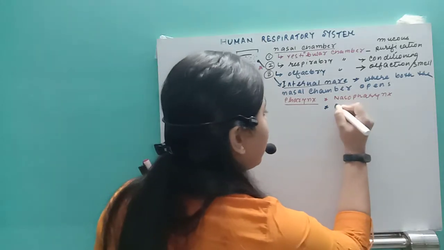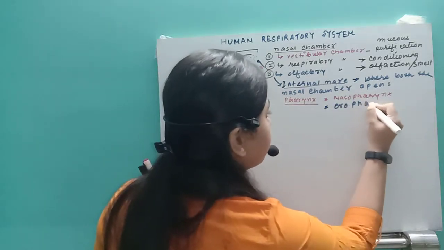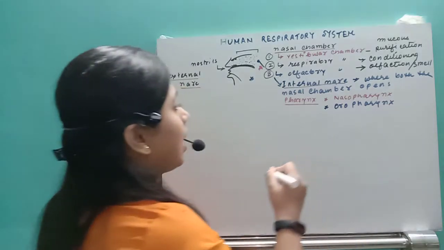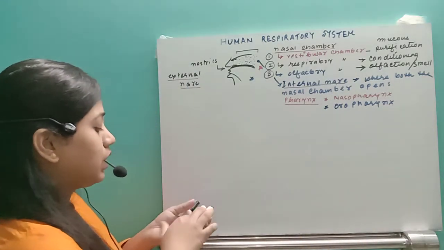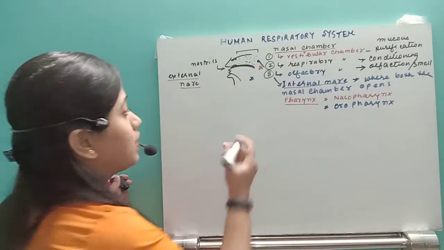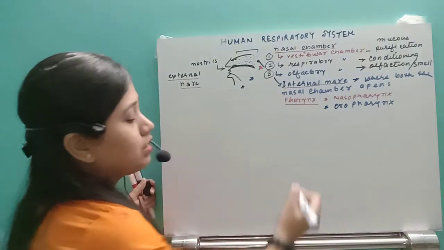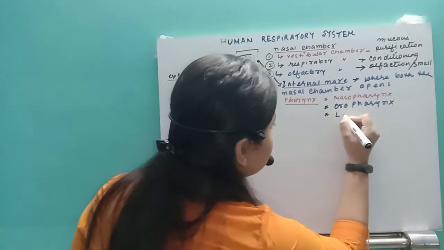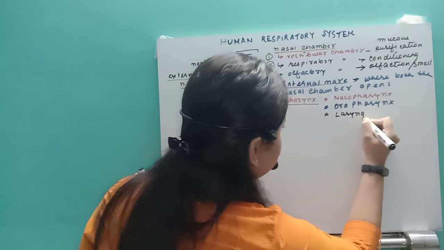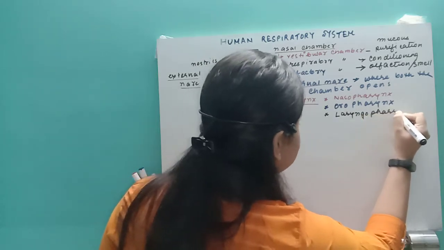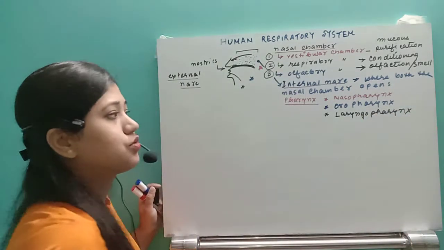That is known as the oropharynx, right? And the last one after that, in the region of the windpipe, this part will be known as the laryngopharynx. Okay, so this is called the laryngopharynx, right?